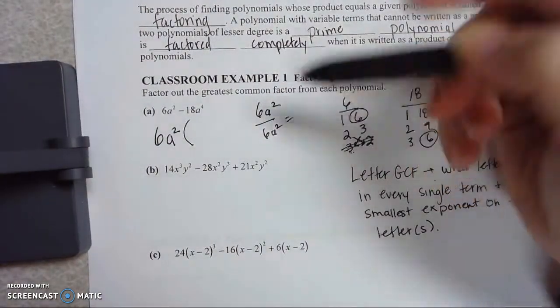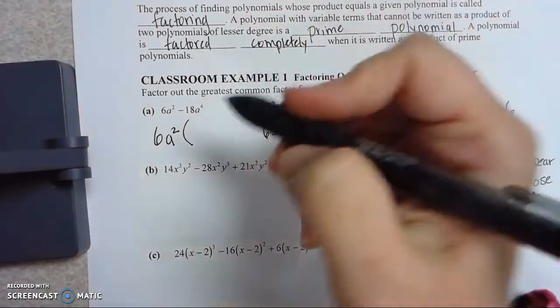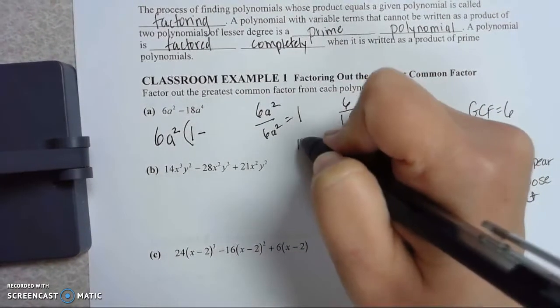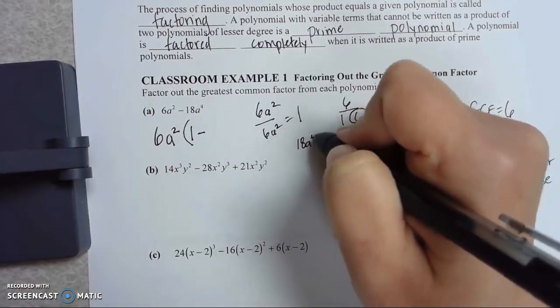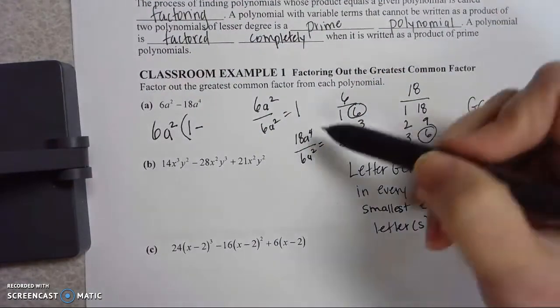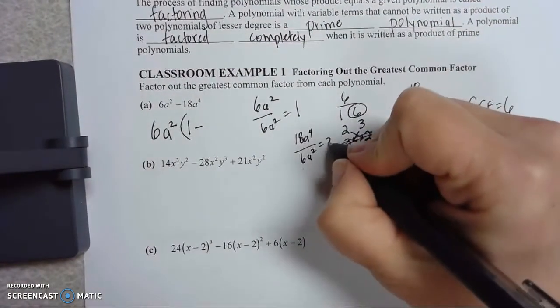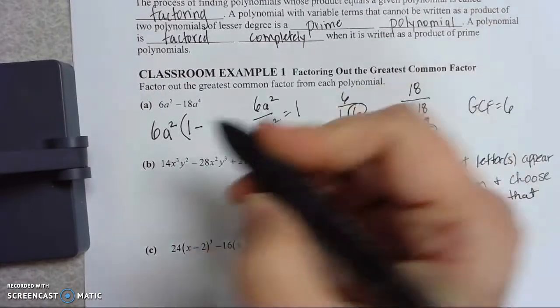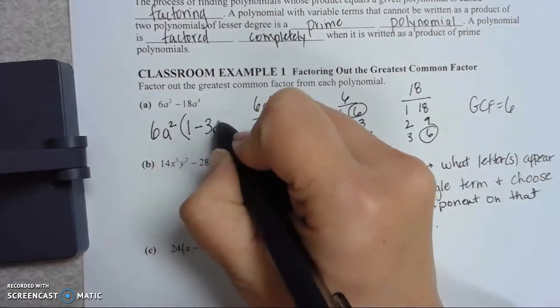If you remember, anything divided by itself is 1, so I'm going to write a 1 here. Minus. Then I'm going to come over here and say 18A to the 4th divided by my GCF. 18 divided by 6 is 3. A to the 4th divided by A squared is A squared. So I'm going to come over here and write that.